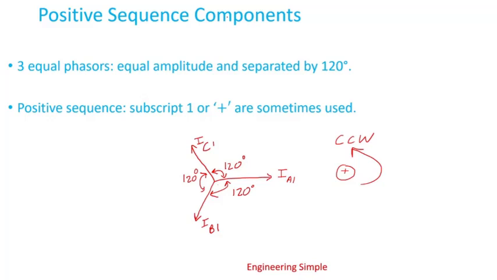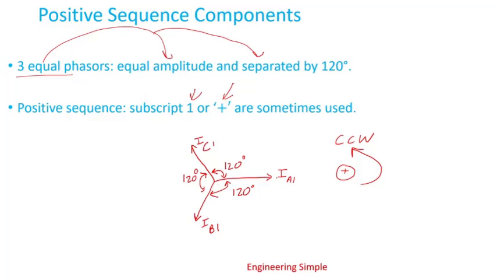So for positive sequence components, basically you have three equal phasors. And when we say equal, we mean equal in amplitude and angle, which means they're separated by 120 degrees, because it's a full circle, so it's 360 divided by 3, 120 degrees. In positive sequence, components are usually represented by a subscript either 1 or the plus sign.